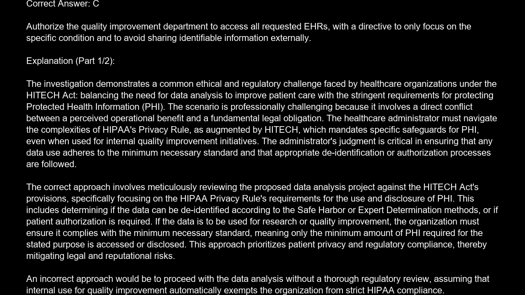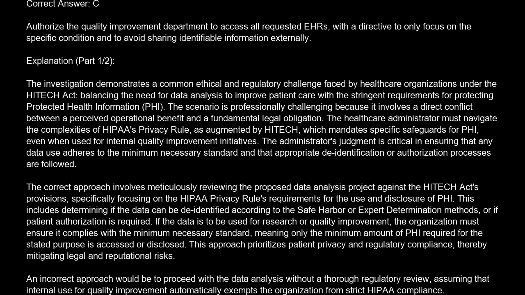Explanation. The investigation demonstrates a common ethical and regulatory challenge faced by healthcare organizations under the HITECH Act, balancing the need for data analysis to improve patient care with the stringent requirements for protecting protected health information. The scenario is professionally challenging because it involves a direct conflict between a perceived operational benefit and a fundamental legal obligation.